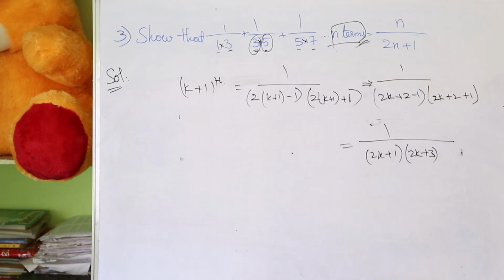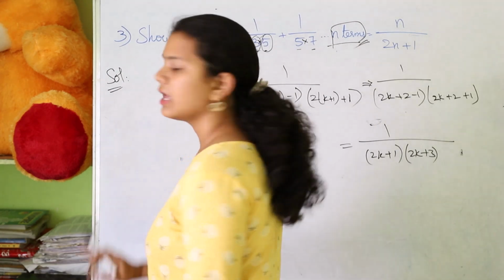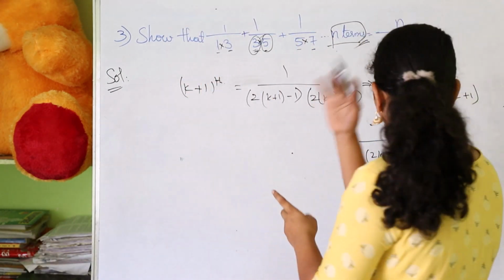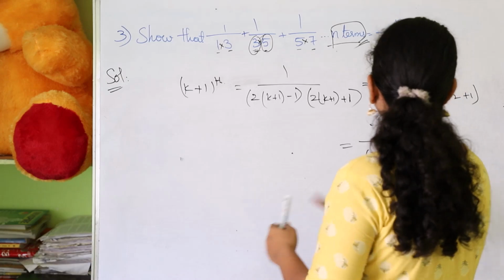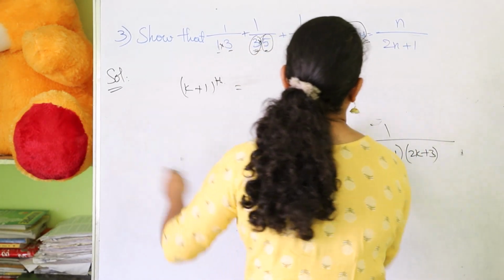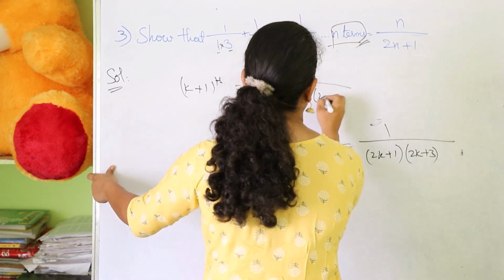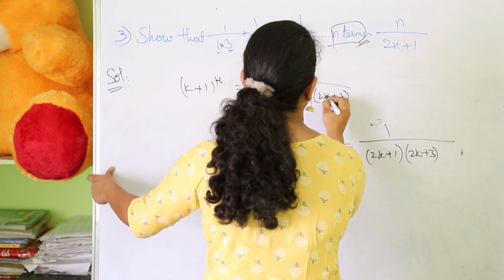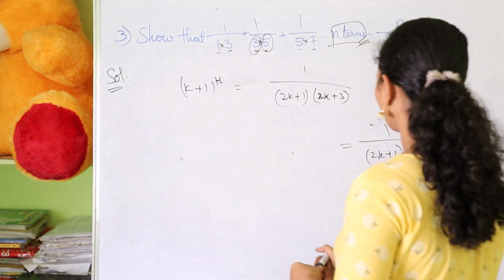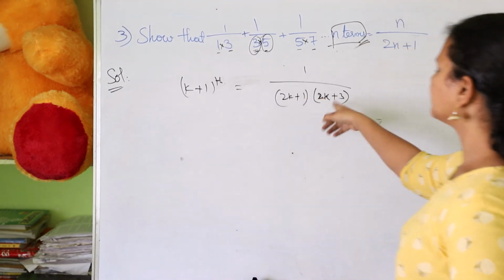Now, guys, you go for the first equation. Keep this equation aside: 1 by 2k plus 1 into 2k plus 3.